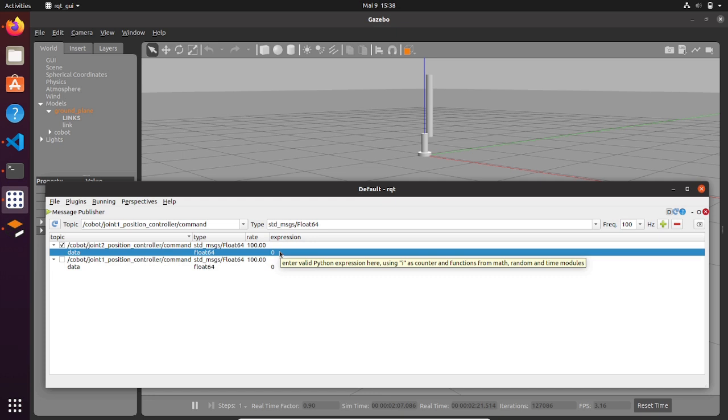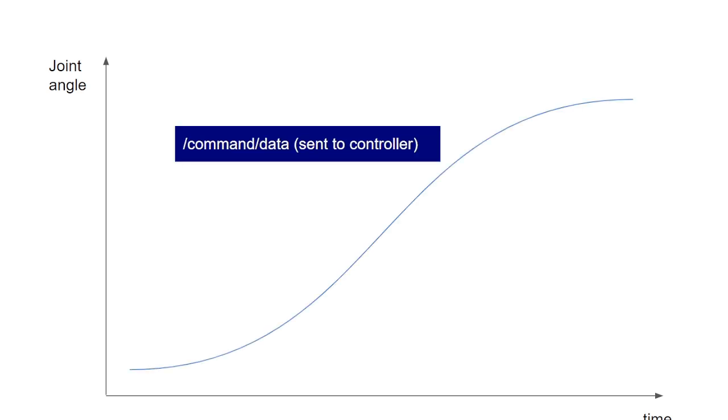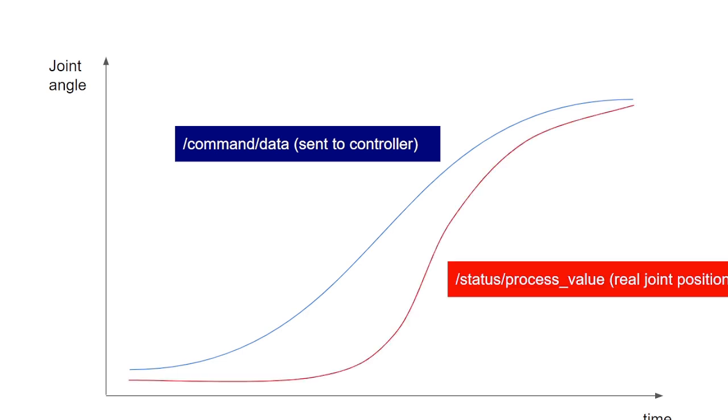And how can we do that? Well, usually a good practice is to send to a joint a sinus command between the lower and upper limits of the joint itself and check what the real actual value of the joint is. So, as a recap, we will have two values.